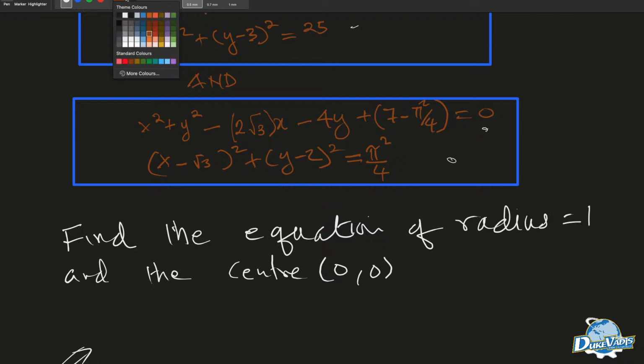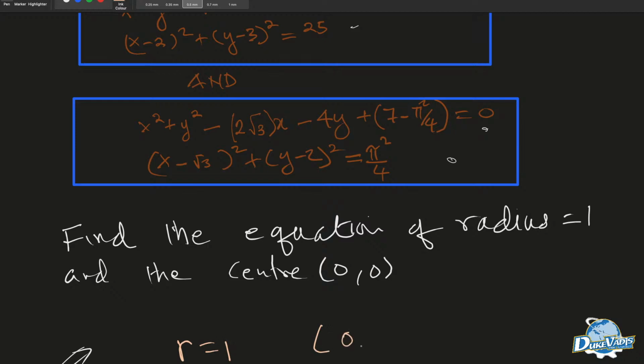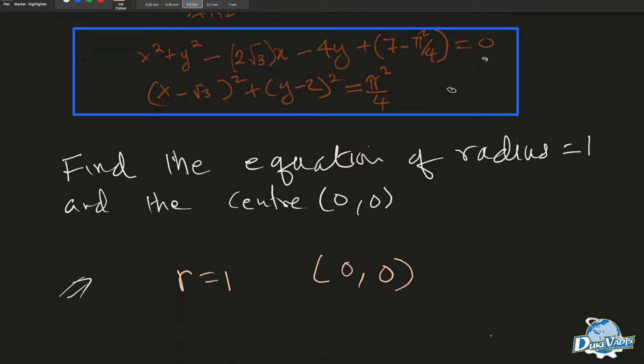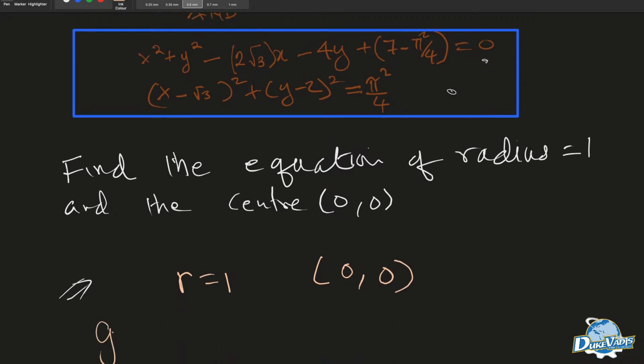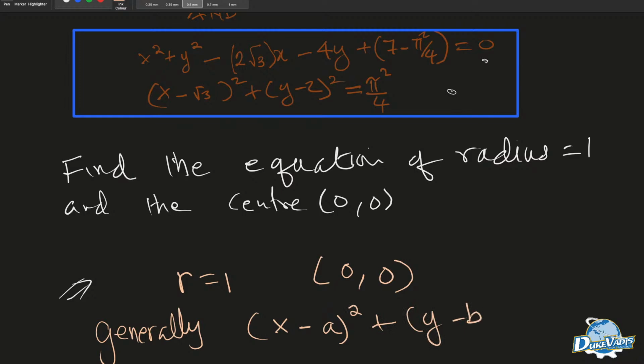So r is equal to 1, and our center is 0, 0. We've been asked to find this equation. So what do we do? What we know is generally our equation: (x minus a) squared plus (y minus b) squared is equal to r squared.